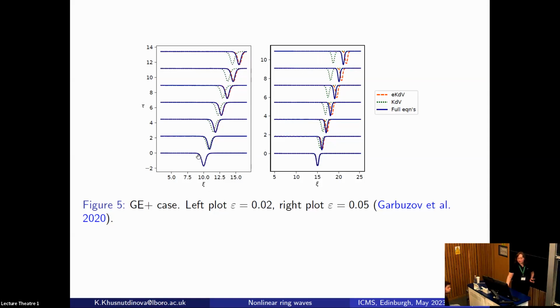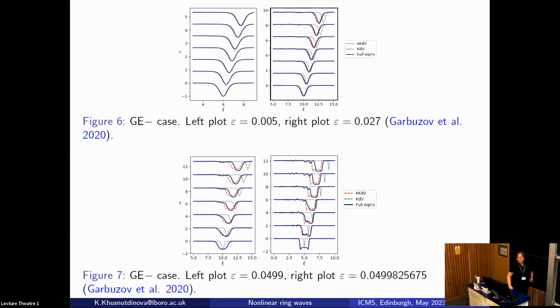For smaller value of epsilon, red stays on top of blue as green is left behind. Yeah, but the shape of the waves is very similar. That's Gardner plus case. For greater values of epsilon, red still performs significantly better than KdV in terms of the phase shift, but there is not much difference in the shape of the waves.